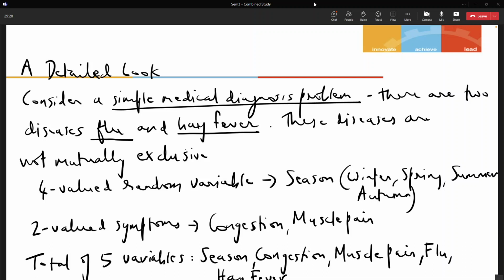Okay, so now you understand, right? Because I have graphs, I'm able to eliminate the condition that, given hay fever, the season can be predicted. Sorry, the probability of having a flu given hay fever is not important in this case, and that can be determined using the graphs, right?